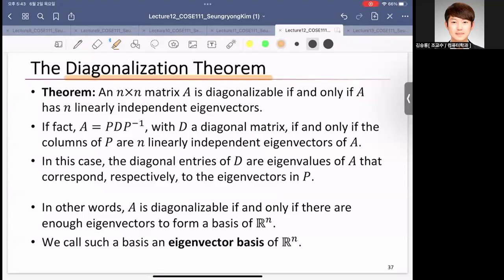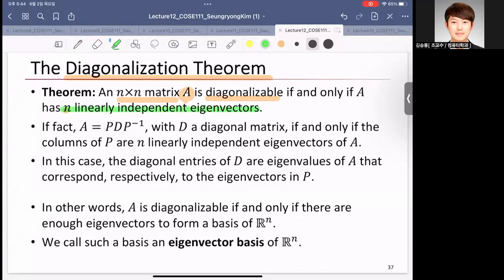An n by n matrix A is diagonalizable. In fact, not every matrix is diagonalizable. Matrix A is diagonalizable if and only if A has n linearly independent eigenvectors.